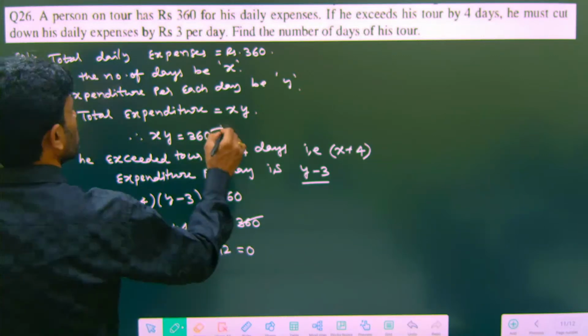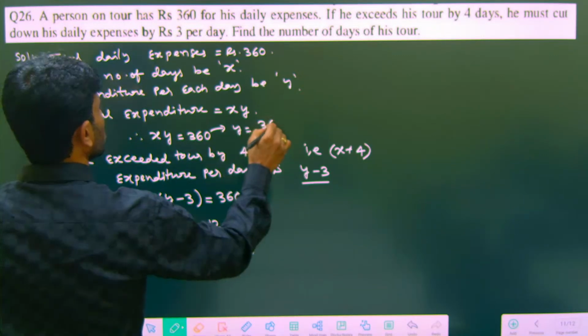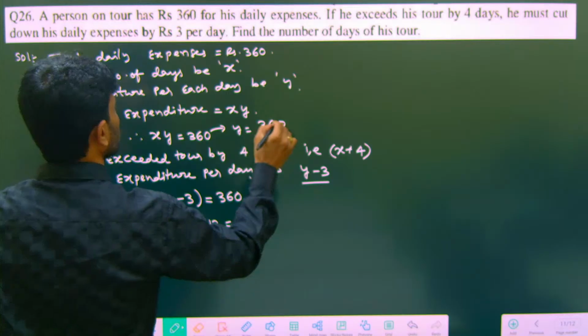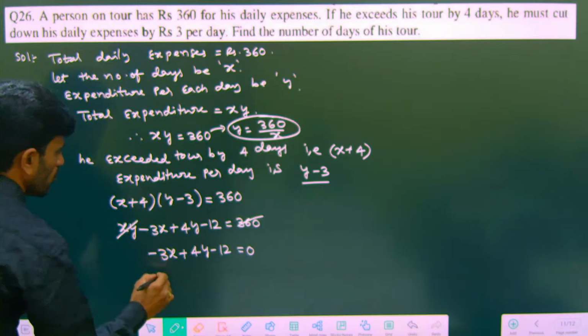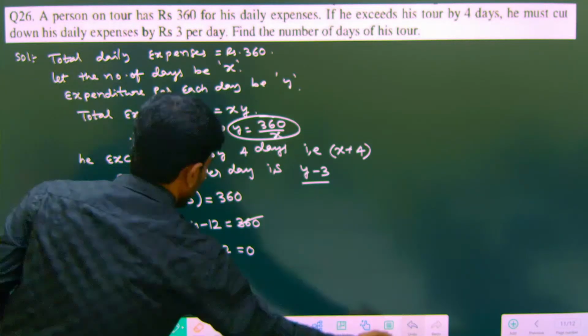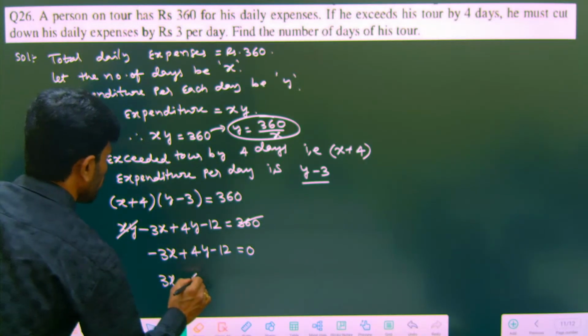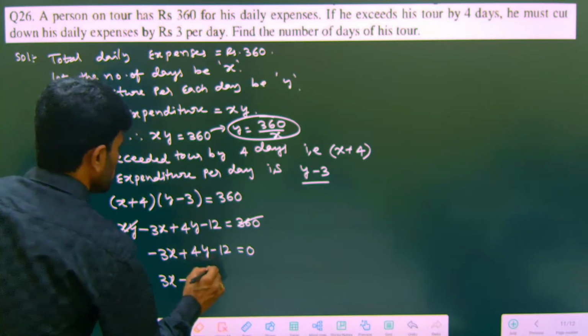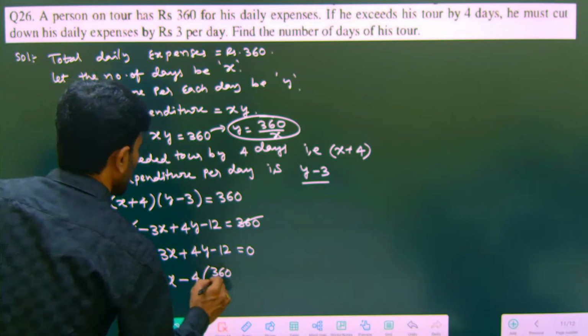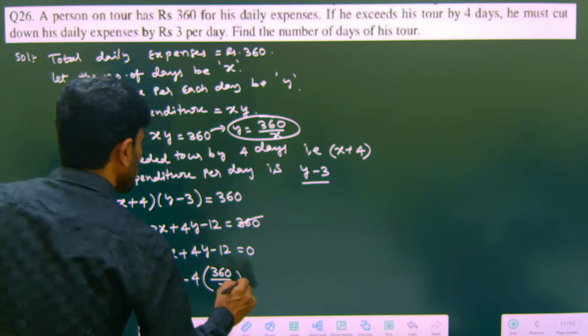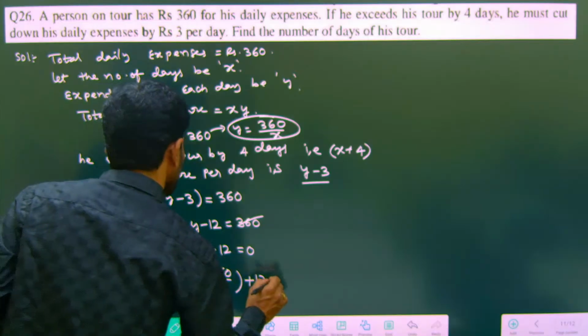Now from this, y is equal to 360 by x. We have to substitute this here. Let us multiply everywhere by minus. Then 3x minus 4 into y, which is 360 by x, and this minus will become plus 12, is equal to 0.